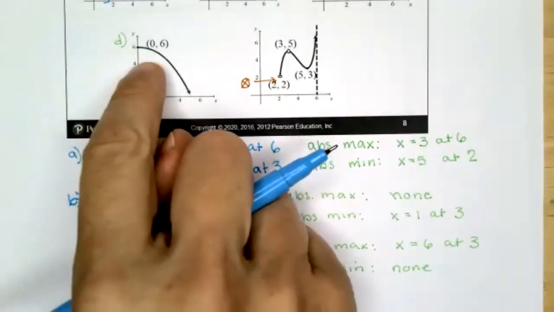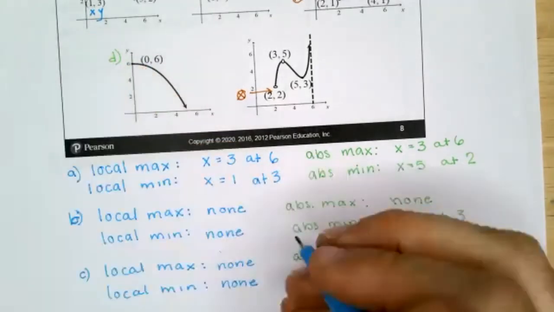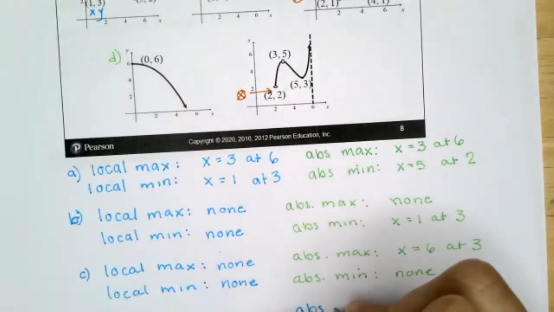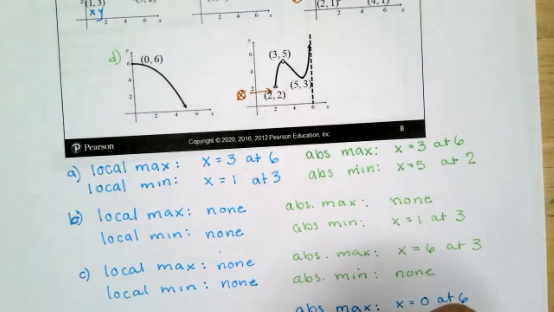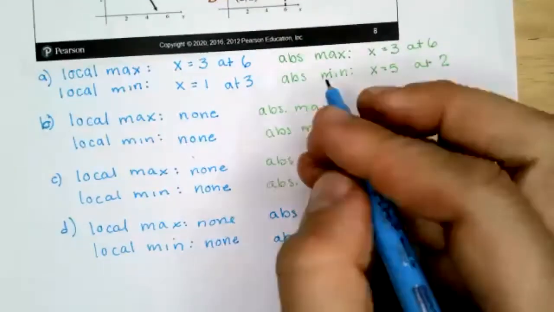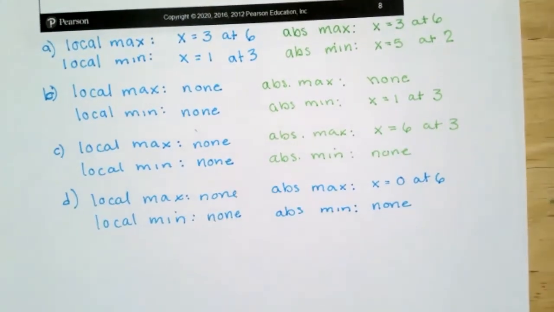Absolute maximum, we know it, because this is going down forever, but it's not going any higher. So absolute max, remember you say x is 0 at 6, but absolute minimum, because there's an arrow, we say there's no absolute minimum. It goes on to negative infinity.